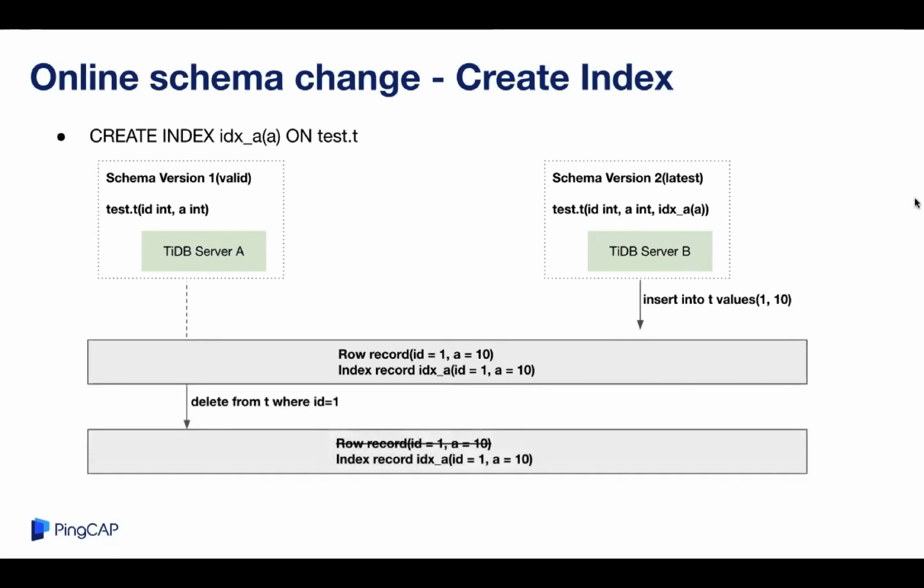Then we assume that we have a delete operation on the same record we just inserted. But for TiDB server A, there's no index definition in the schema, so it does not know that there is an index record with the same row. So this is when the data inconsistency happens.